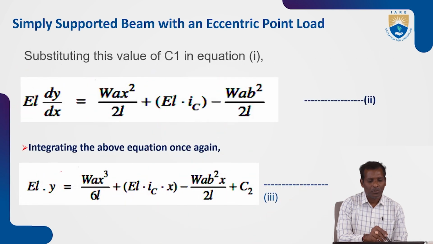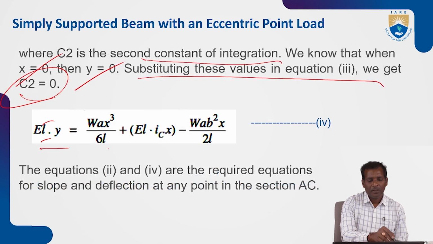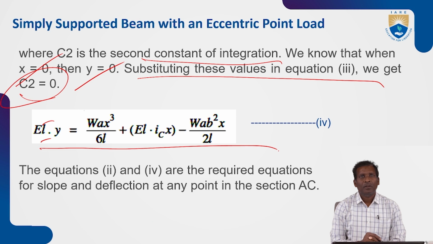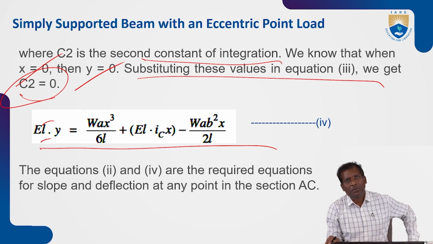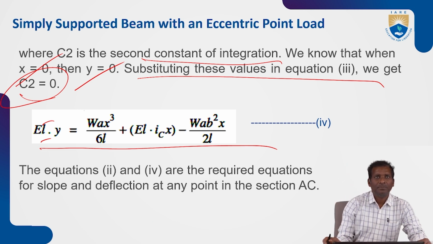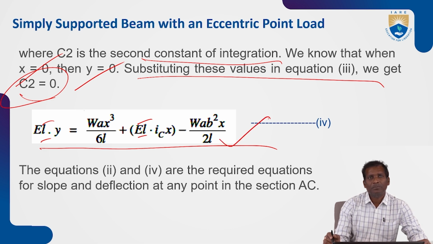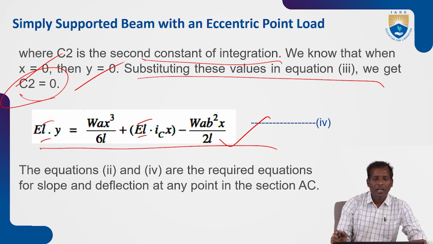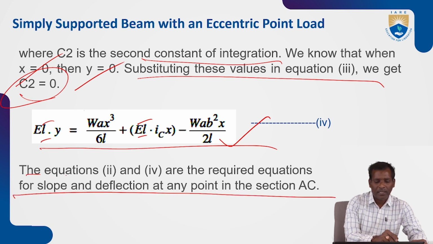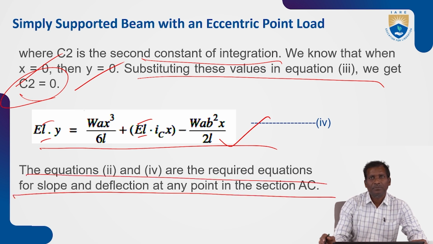So EI into Y is equal to WAX cube by 6L plus EI into theta C into X minus WB square X by 2L. The second equation and fourth equation are the required equations for slope and deflection at any point in the section AC.